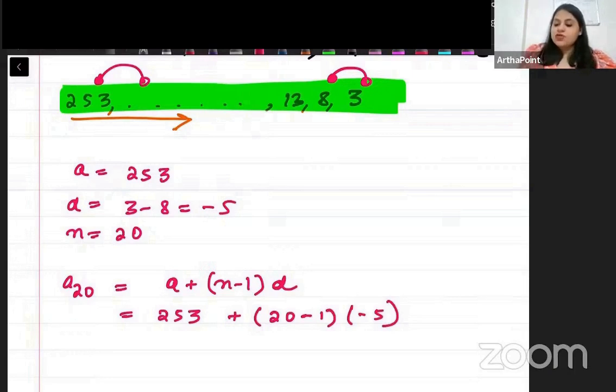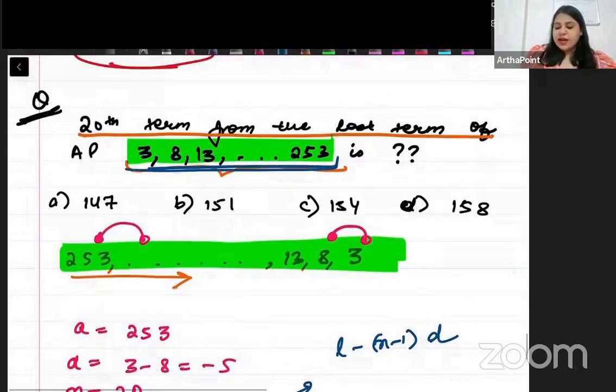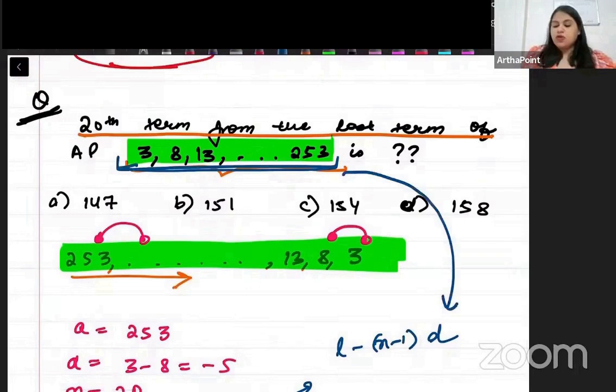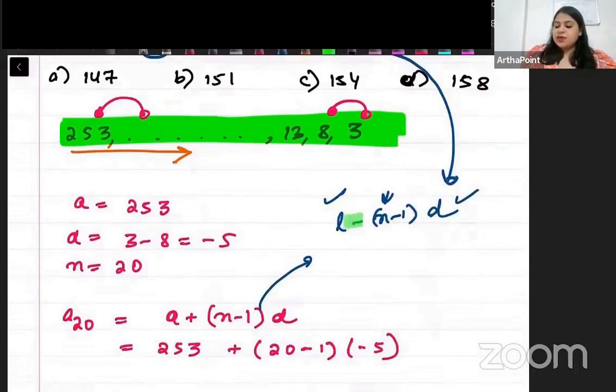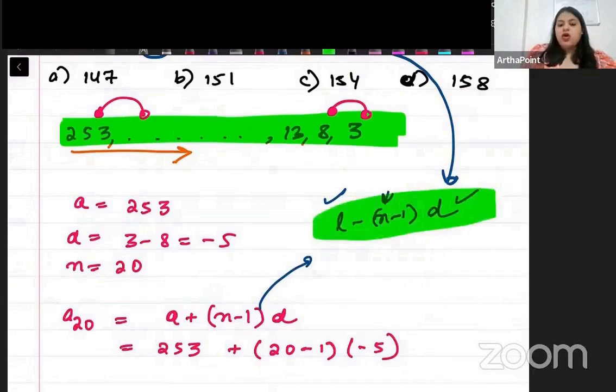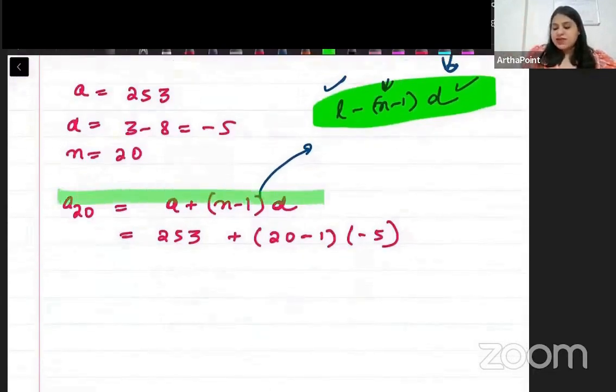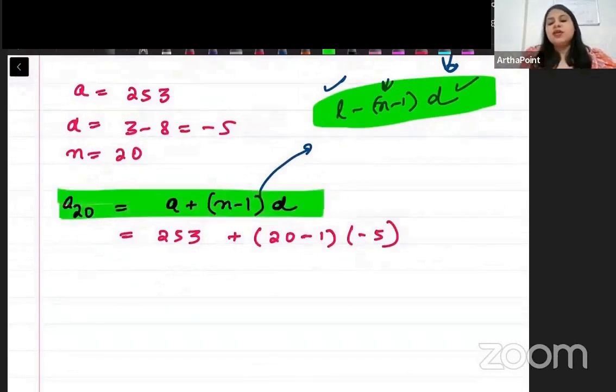The other formula I had given you in my lecture is L minus N minus 1 into D. So if you directly apply this formula on the original series, you will get the same answer. The common difference is 5, N is 20, the last term is 253, and there is a negative sign in between. Whether you apply this formula or you reverse the series and apply the usual formula, it's the same thing.